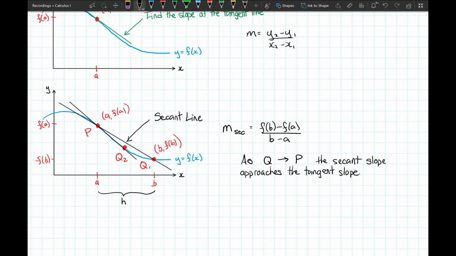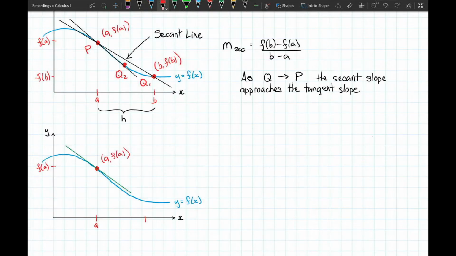So let's rewrite this graph, but instead of using b, let's actually give that in terms of a and h. So one last time here, same graph, but instead of using b, that value can be represented as a plus some real number h. And again, if h is negative, a plus h will just end up showing up farther to the left on the real number line, and we can actually get a point back here somewhere.